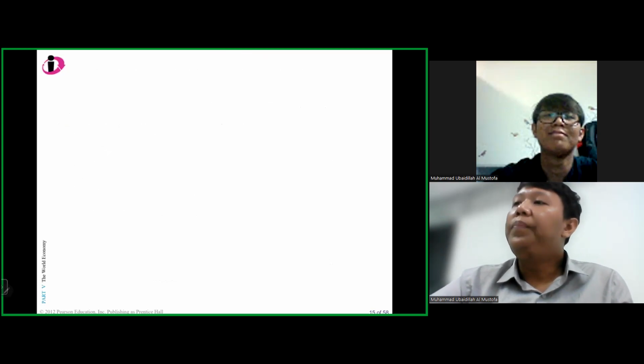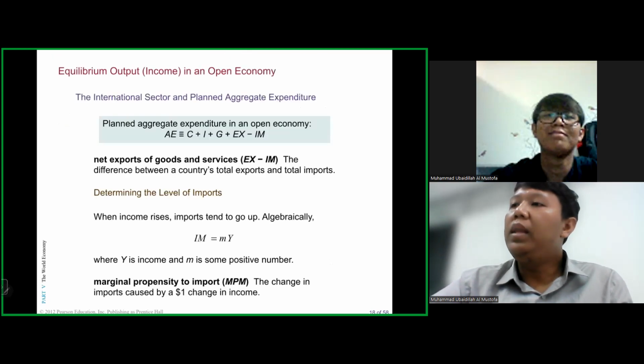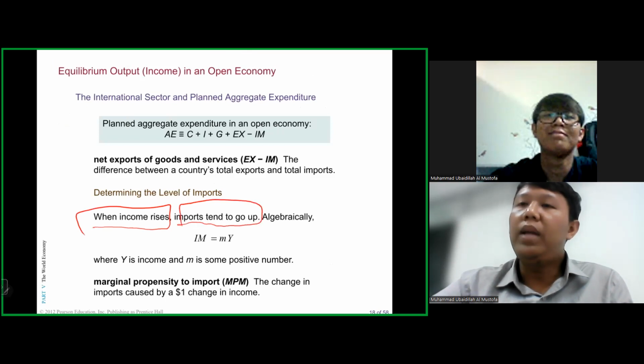Okay. Next we discuss also about a hypothesis in the economy, which says that when income rises, when we have an increase in salary, our imports tend to go up, tend to increase.